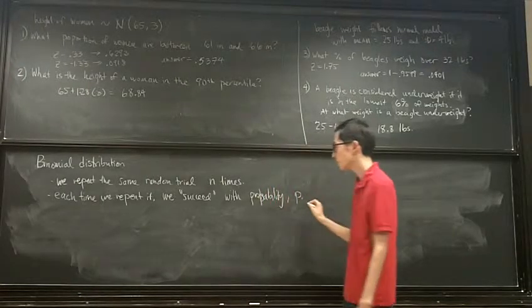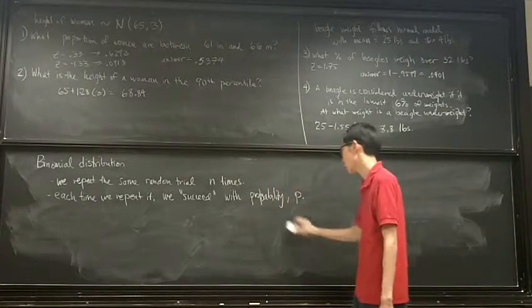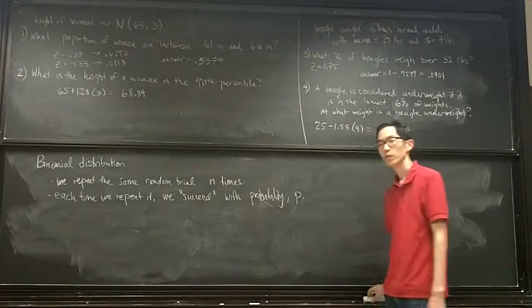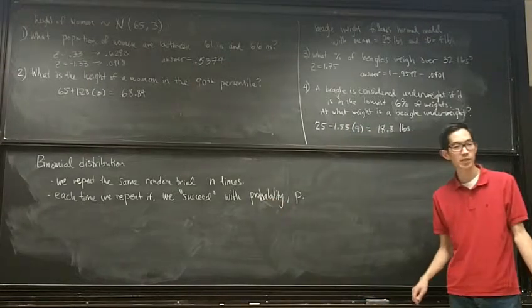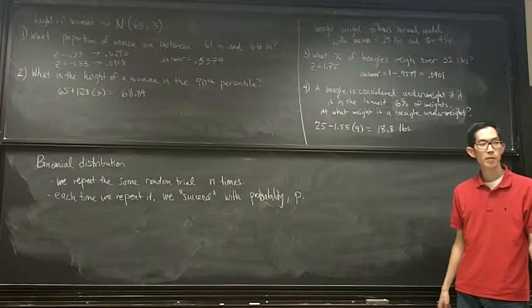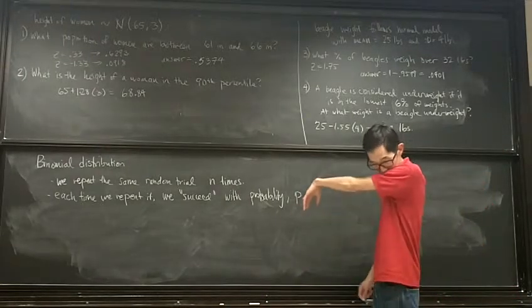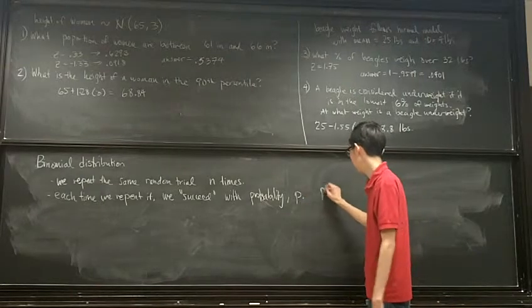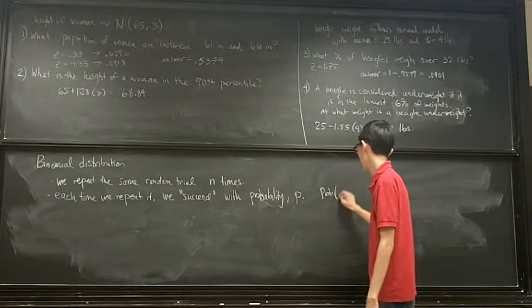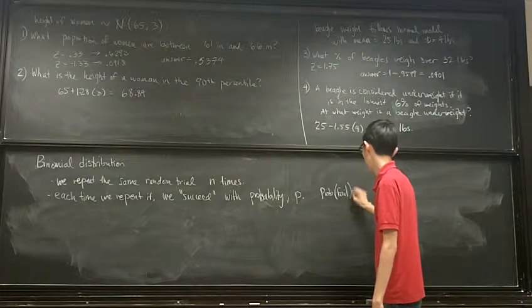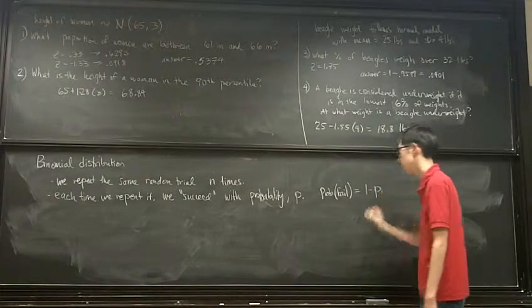Okay, so if p is the probability that I succeed, what is the probability that I fail? 1 minus p. Failing is the complement of succeeding. So probability of failing is 1 minus p. Okay, good.